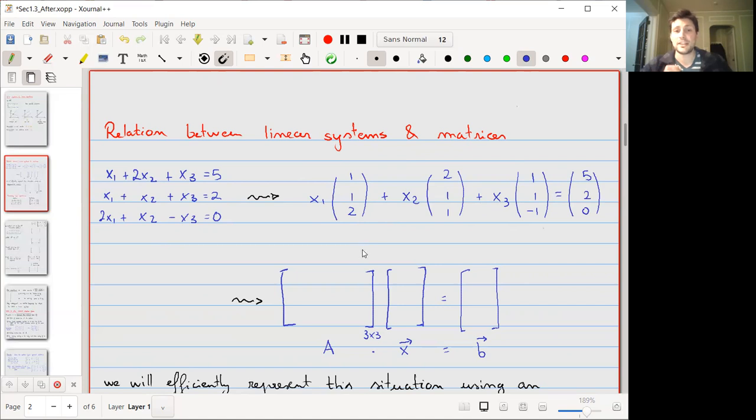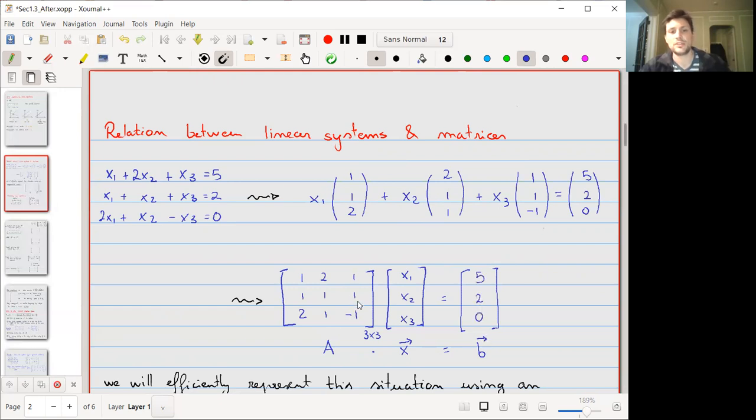We can condense this writing even more by considering the fact that this left-hand side is a linear combination of the vectors that are present here: 1, 1, 2; 2, 1, 1; and 1, 1, minus 1. Since it's a linear combination of those, I can write it as the product of a certain vector, x1, x2, x3, multiplied on the left by the matrix whose columns are the vectors that I wrote up here, the vectors containing the coefficients of our linear system.